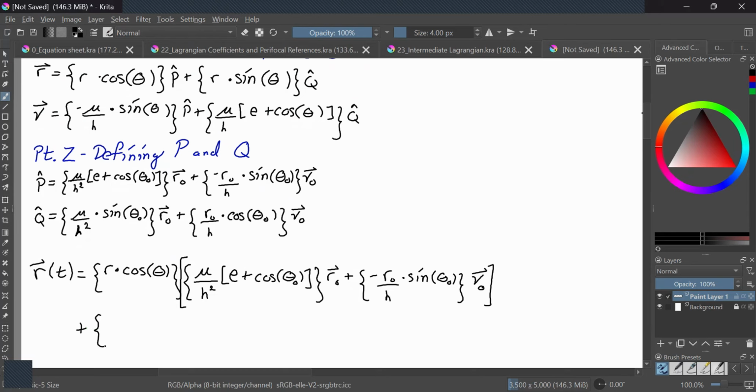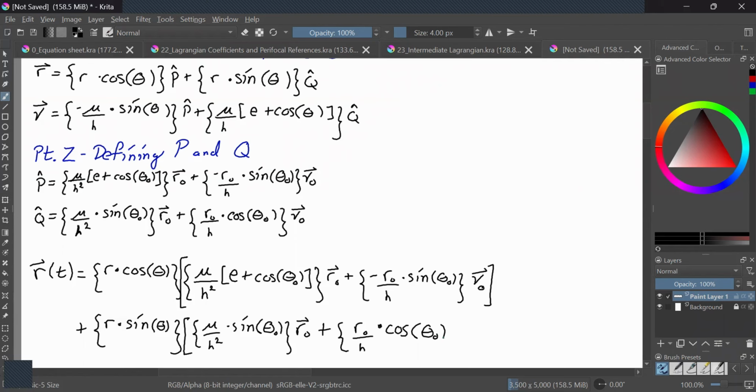Plus quantity of r times the sine of theta times q, which is mu by h squared times sine of theta naught, r naught, plus the second term, which is r naught by h cosine of theta naught, scaled by v naught.